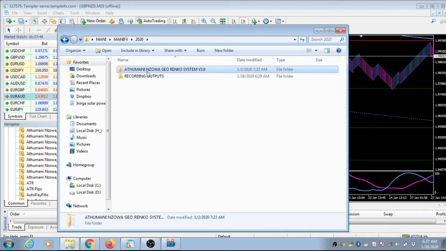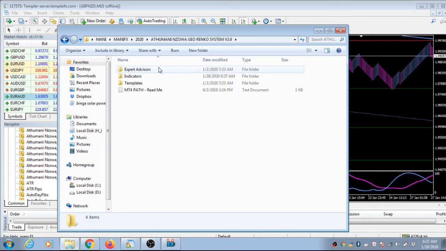It's going to be named Geo Renko System version 3.0, and inside this you're going to have 3 folders, which include the expert advisor, and inside the expert advisor you have the Renko builder expert, which is responsible for converting the normal chart which comes with the MT4 into a geometric Renko chart.